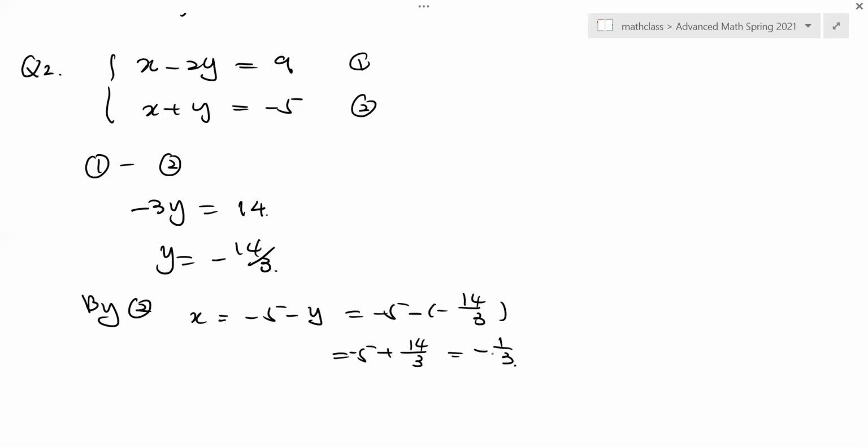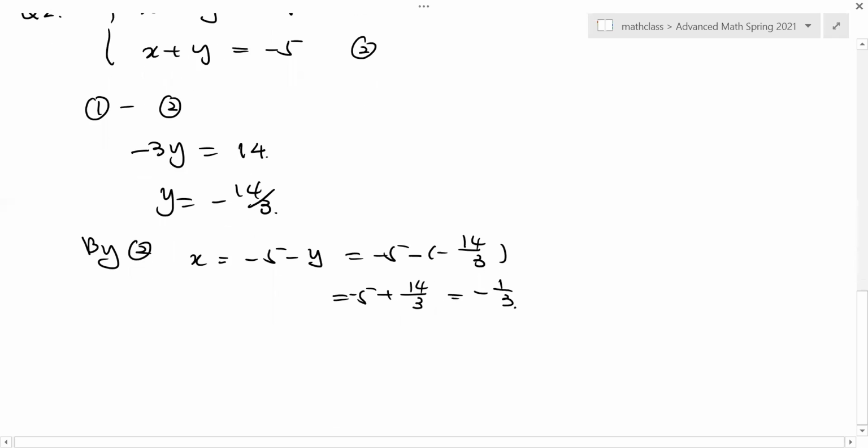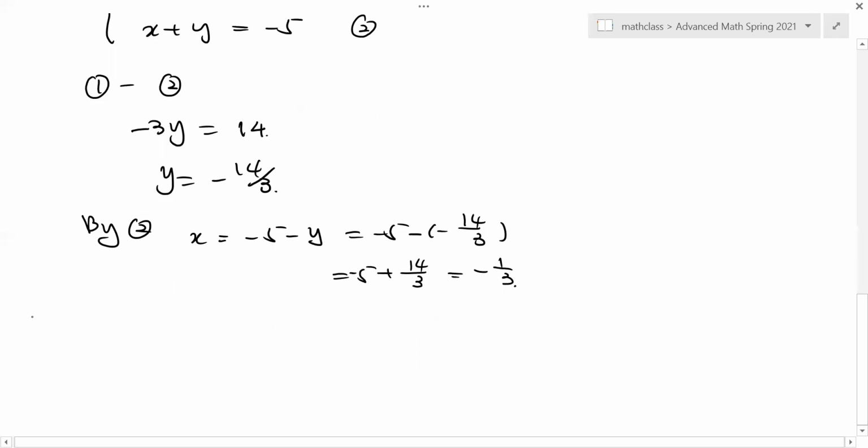All right, now I'm going to ask you to do the next problem. I'm not going to do that for you. So you're going to get 2x plus y equals 1, then 3x minus y equals 5.